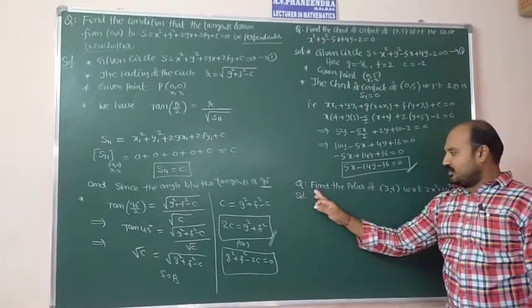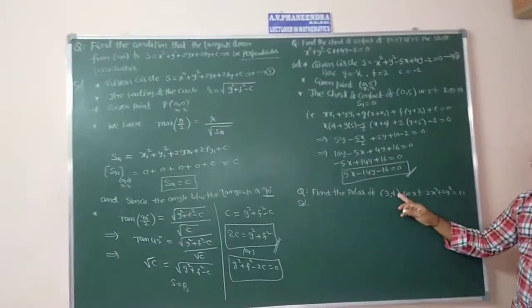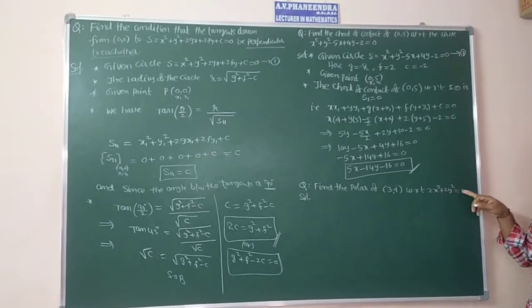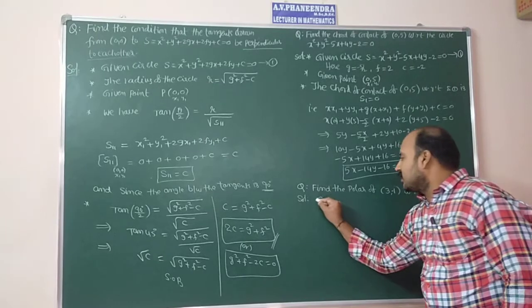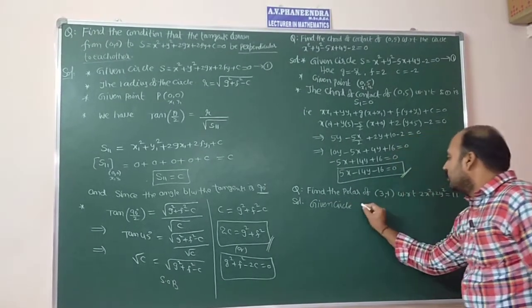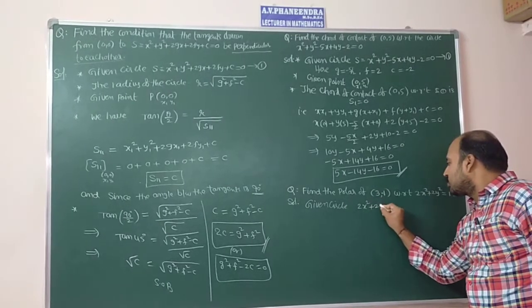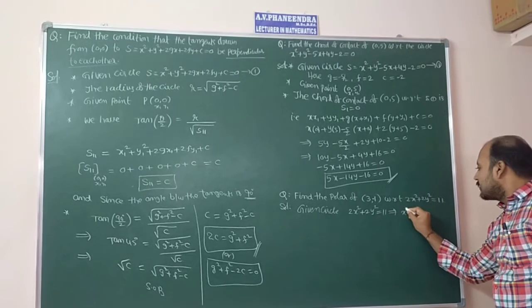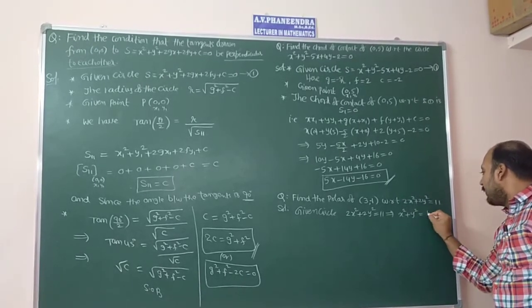Come to the last question here. Find the polar of 3, minus 1 with respect to the circle 2x square plus 2y square equal to 11. First the given circle, 2x square plus 2y square is equal to 11. We can write it as x square plus y square is equal to 11 by 2.